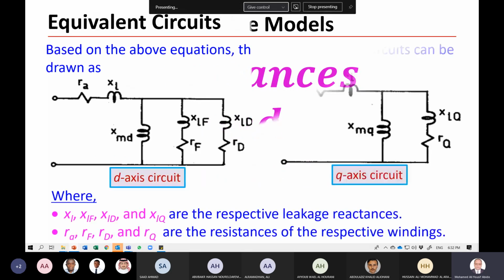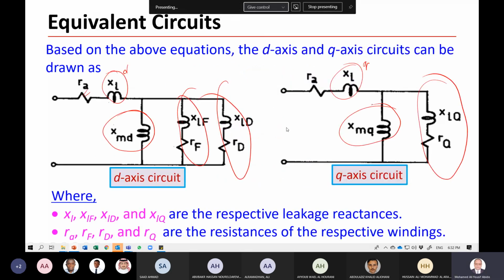Actually, we developed these circuits in order to simplify the derivation of some time constants and also some reactances: how much Xd prime, how much Xd double prime, Xd, Xf, Xq, Xq prime, transient reactance in the quadrature axis, or subtransient reactance.